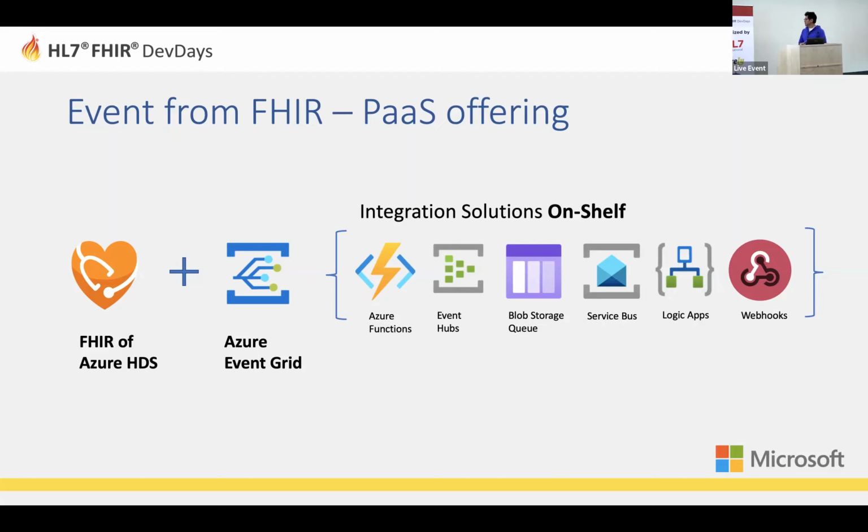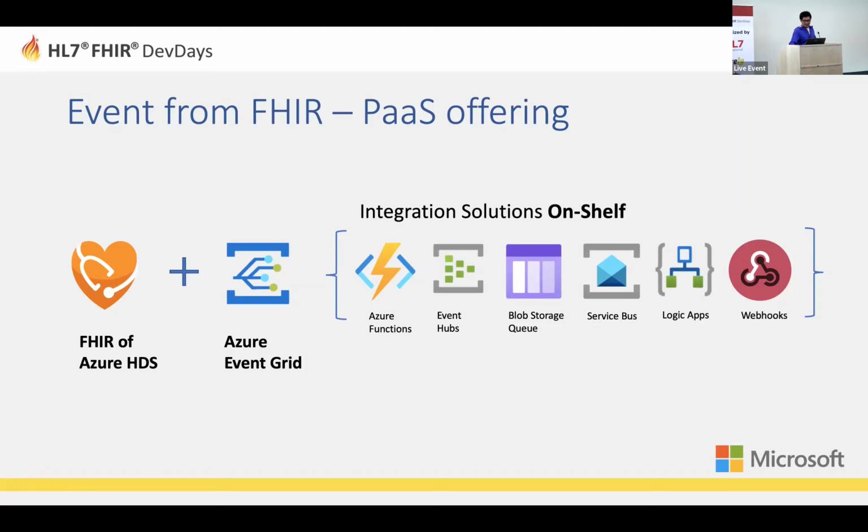I'm going to talk about Logic Apps a little more later. And webhooks, so you don't have to have your event consumer living on Azure. You can have it on premises, maybe with other cloud providers. But as long as there is a webhook, you can interact with your event.